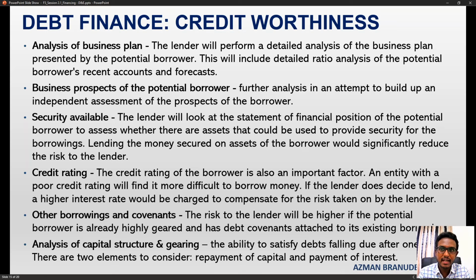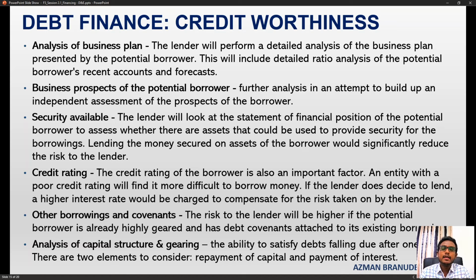And also an analysis of capital structure and gearing. The ability to satisfy debts falling due after 1 year. There are two elements to consider: the ability to repay the capital and of course payment of interest. Right?